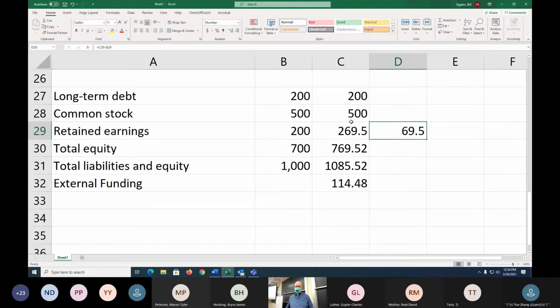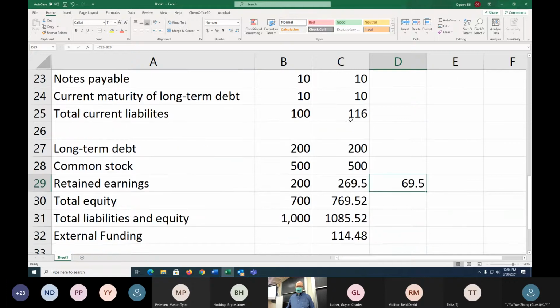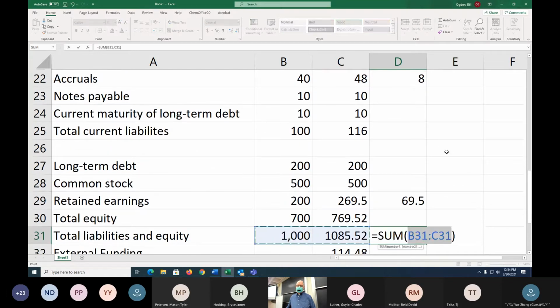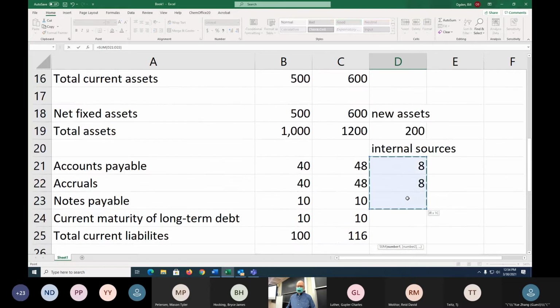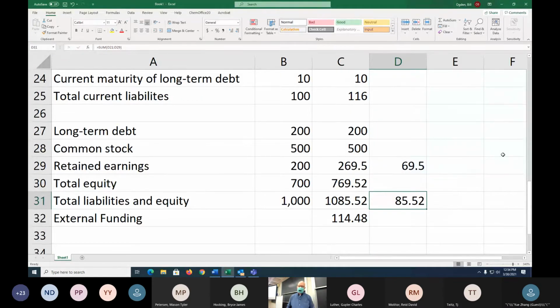right? And so if I add my internal sources together, let's add these together. So sum. By the way, what does Excel do with all these blank cells?